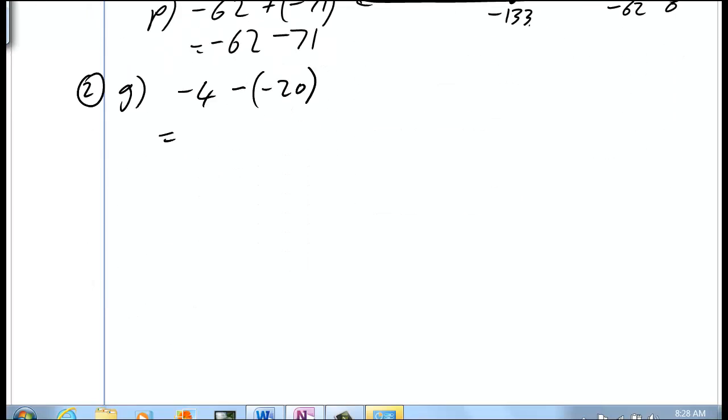But this time, there's this little rule in maths, that if you've got two minuses together, like take negative 20, you can replace it with a plus. So that minus there and that minus there you can replace with a plus. So this sum is minus 4 plus 20.